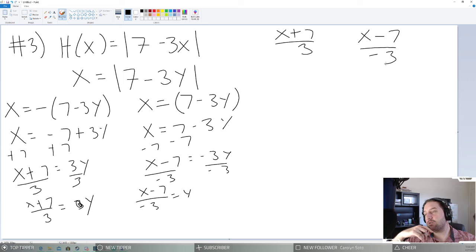We may have to set some sort of domain parameter on this for each one, because when I'm looking at it, it might be kind of difficult. So let me spend some time looking at this one.